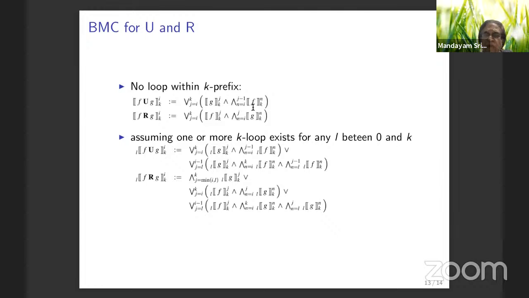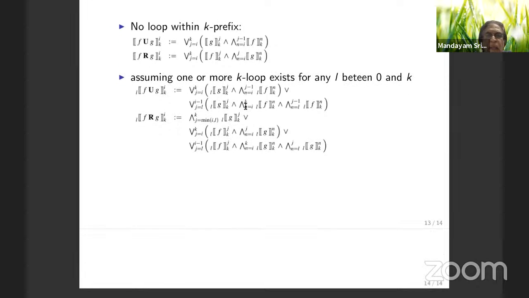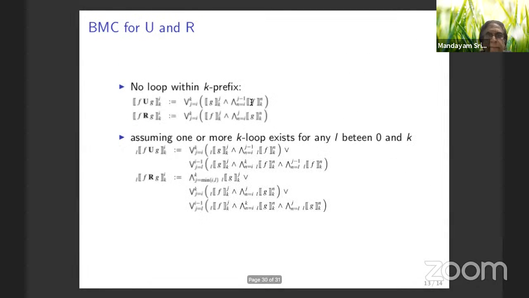So for different possible points for which G can be true in the suffix starting from I to K, it is generating that. Okay.